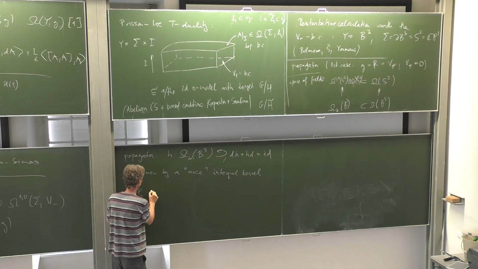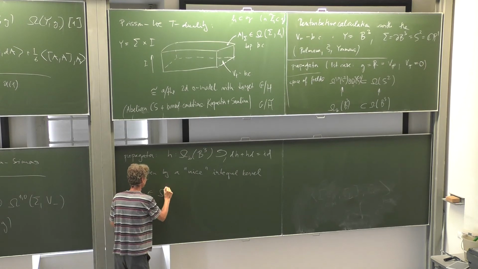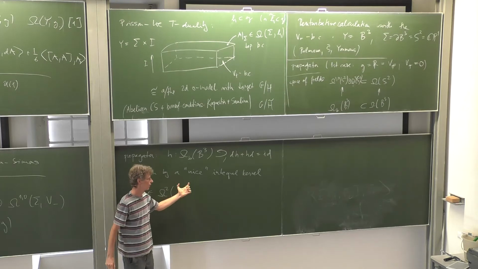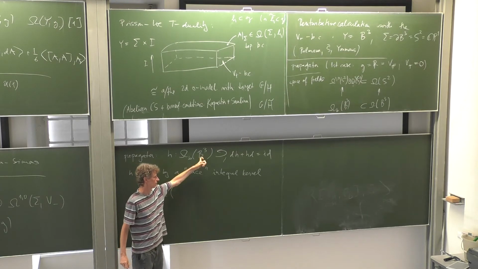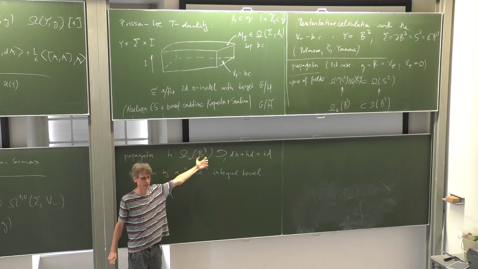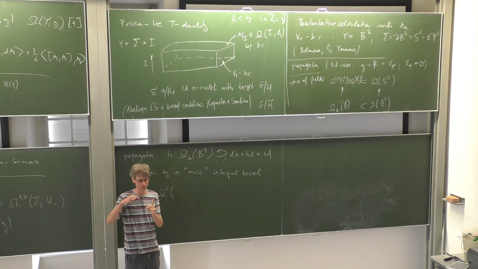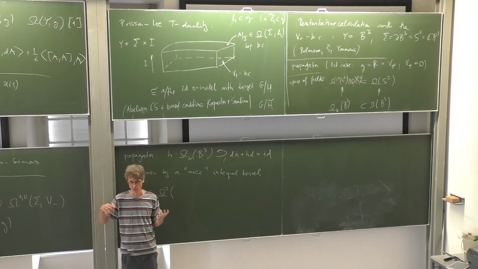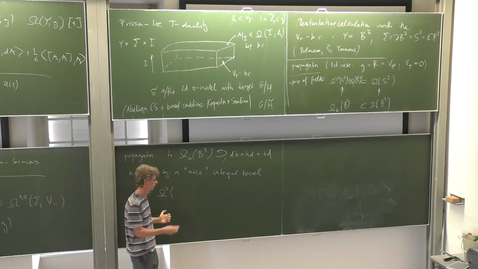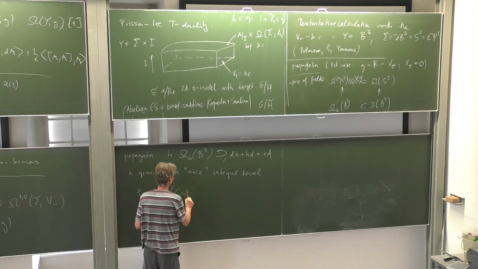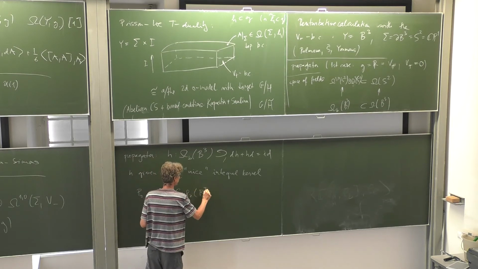This integral kernel is a two form on the space of pairs of points, on B3 times B3 minus the diagonal. So it's what is called the configuration space, conf2 of B3.